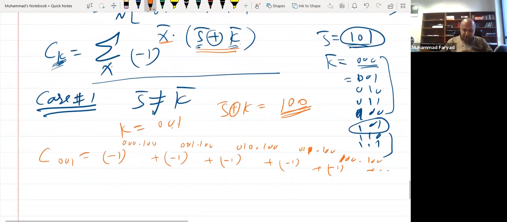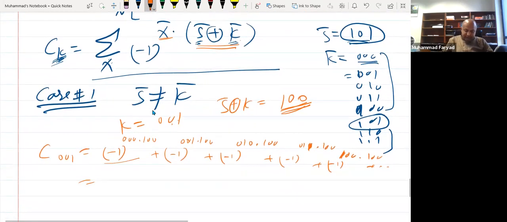So you see, this is the situation, and let's see what this number is. So this is 000 dot 100, the dot product. This 000 is for this X, and this S plus K is fixed for a K. So 000 dot 100 is 0 into 1 plus 0 into 0 plus 0 into 0, all 0.